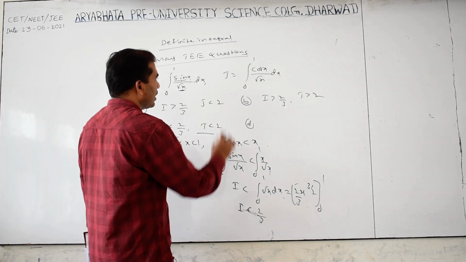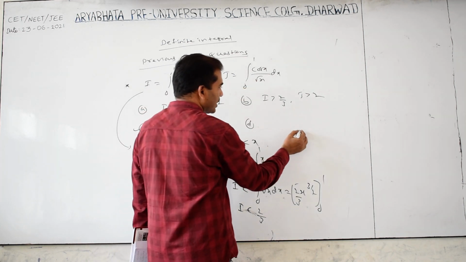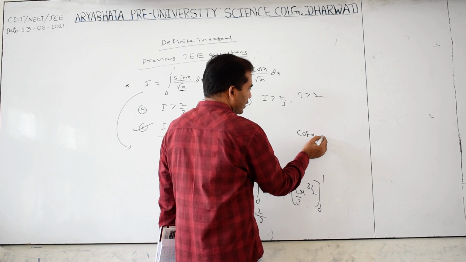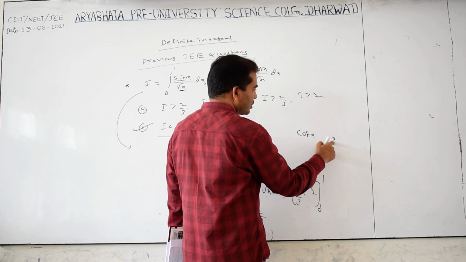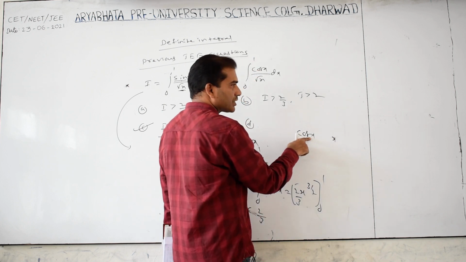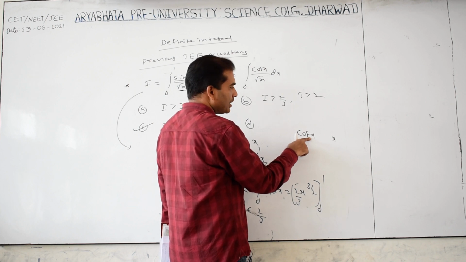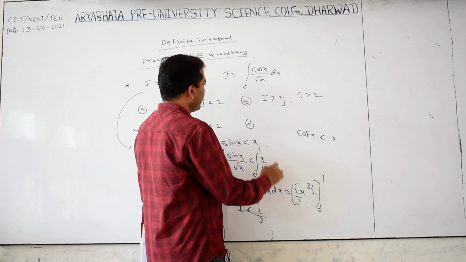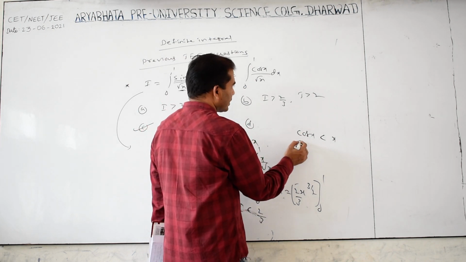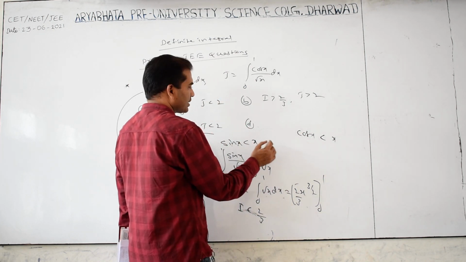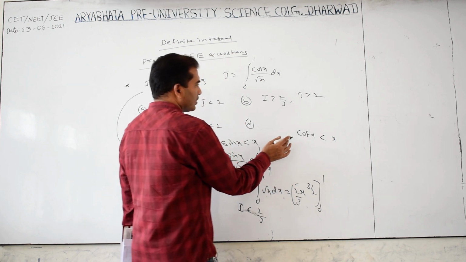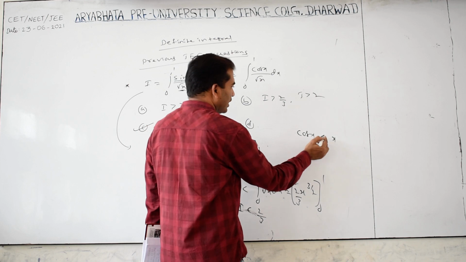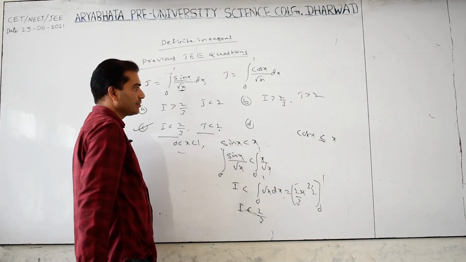Similarly, we can prove that J also, here cos x. If you take x as 1, then cos 1 is cos 60 degrees, which is 1 by 2, small only, and this is big, so less than. Divide by root x here, understood?